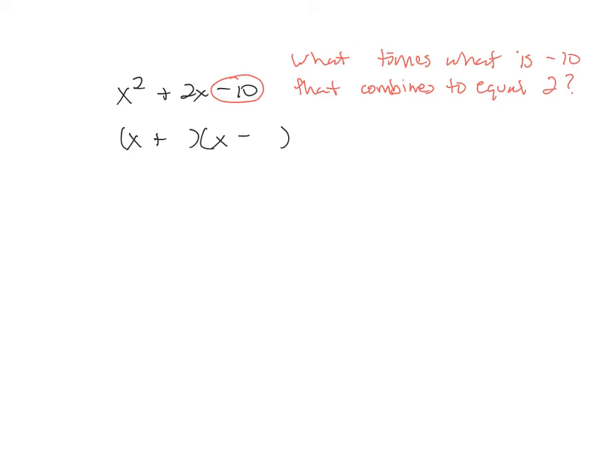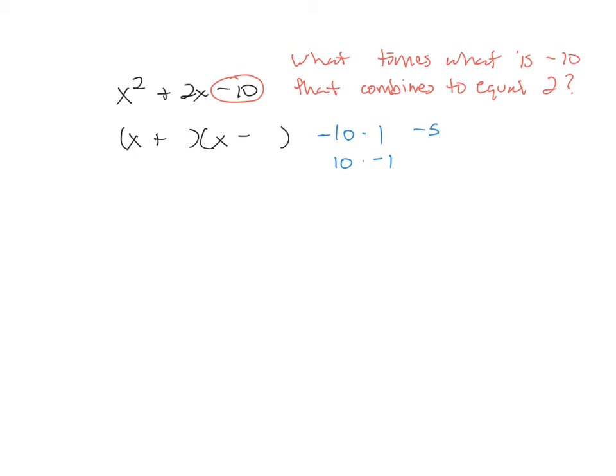Okay, so the negative ones are a little bit harder because, well, what times what is 10? Well, 10 times 1. But that's positive 10, so I have to have negative 10 and positive 1, or positive 10 and negative 1. There's two combinations of each number. Well, neither of those make 2.